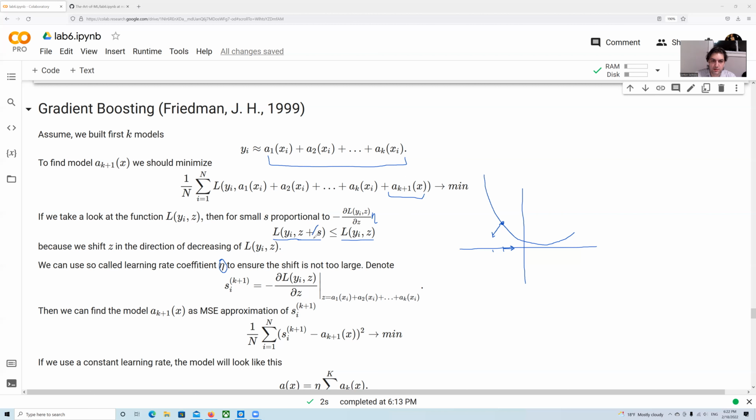To approximate this shift. So this shift is given by the anti-gradient in the previous model with k summands, and the model k plus first will be built to approximate the anti-gradient.